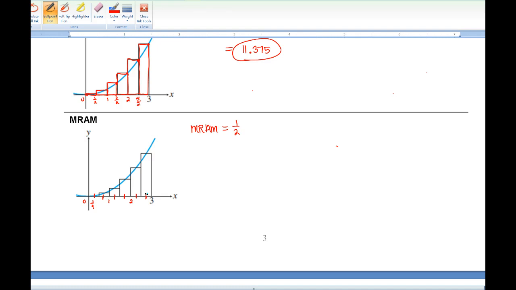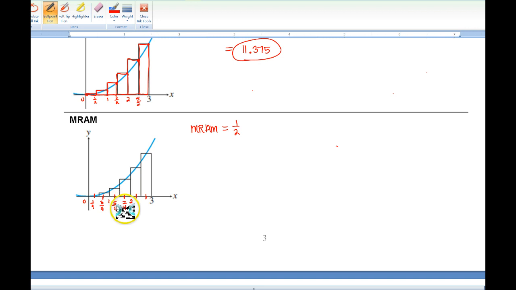As I was just saying, the midpoint of the first subinterval, from 0 to 1/2, is going to be 1/4. And then from 1/2 to 1 is going to be 3/4. So right here is 3/4. And then here, this is going to be 5/4.